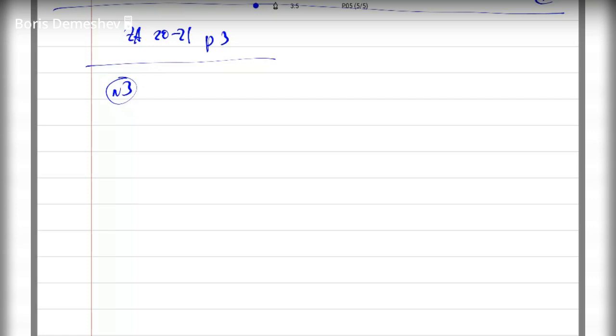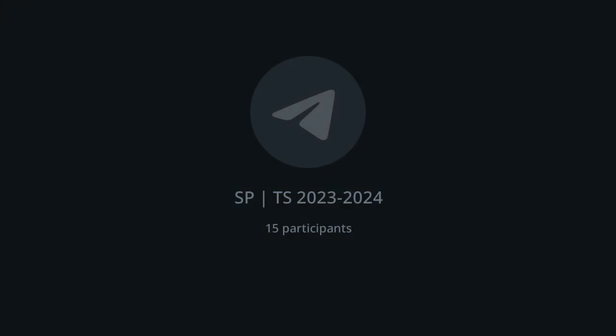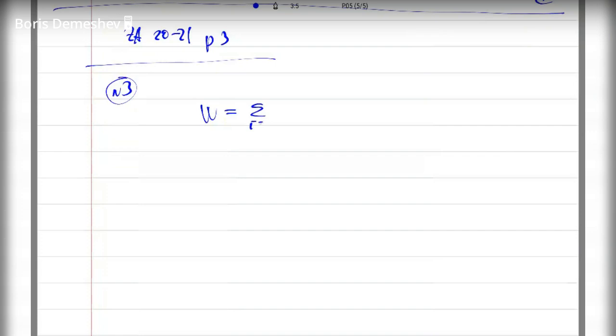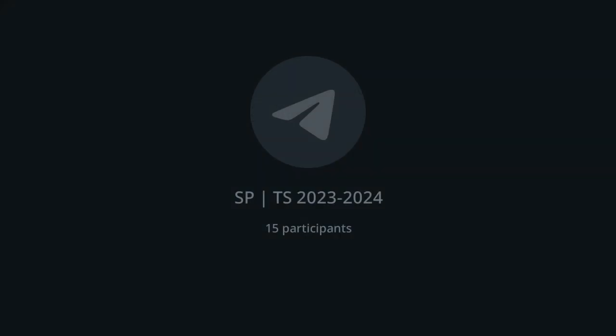Once again, from the beginning we have a random sum. It's called W. I don't know why they prefer the name W for the sum and not S, but let it be. We have a random sum of a random number of terms. N has a Poisson distribution with mean mu.